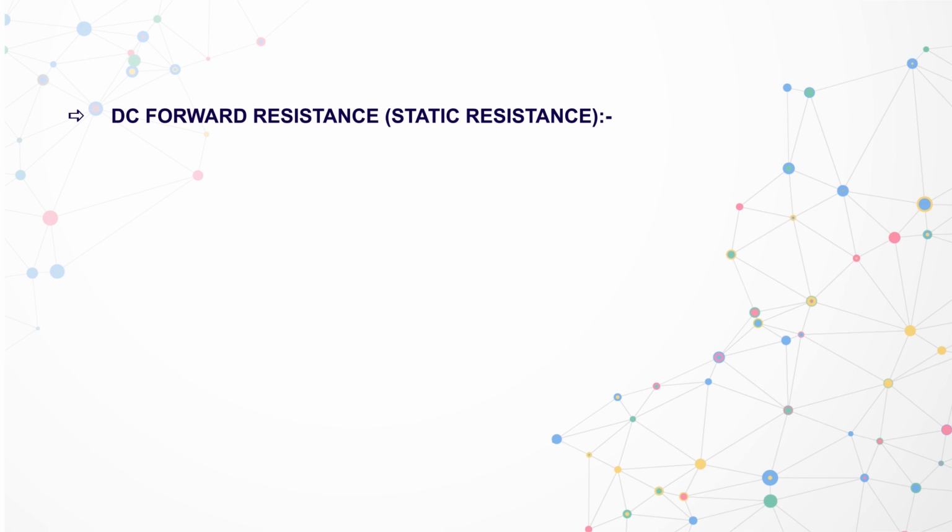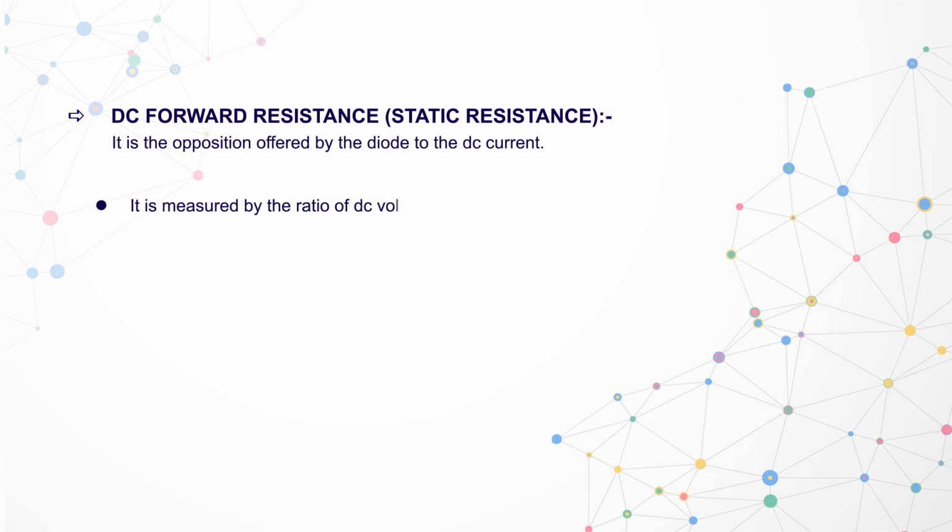Since DC has a constant characteristic, or we can say it is shown by a straight line, or static in nature, that is why the resistance obtained by DC is called static resistance. It is the opposition offered by the diode to the DC current. It is measured by the ratio of DC voltage across the diode to the resulting DC current through it.